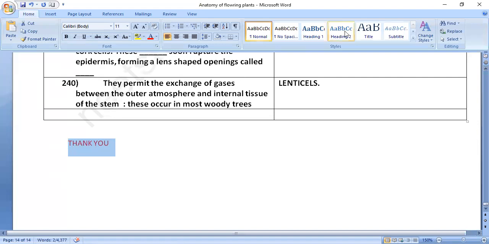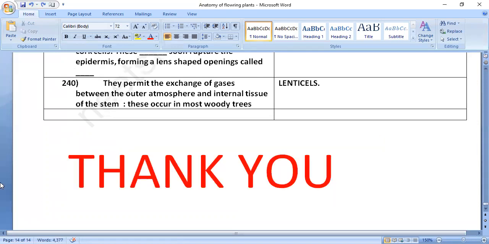In future revisions, mute the video and play it at double speed. That lets you revise properly the second and third time. Okay, thank you.